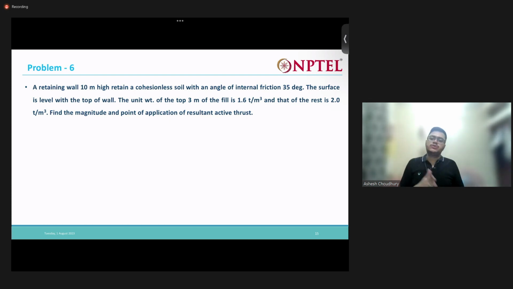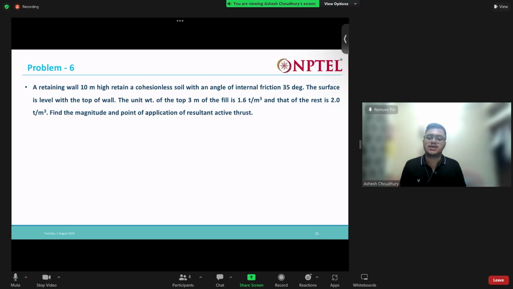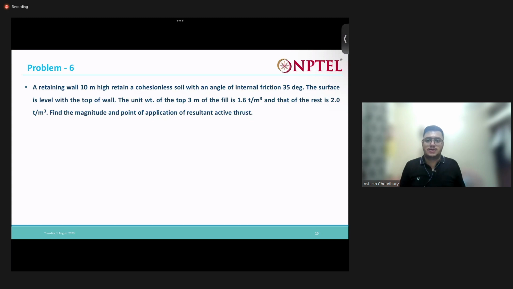So for that, we apply a filter material of some geosynthetic, so that the water can easily drain out, because this water pressure is very huge, and there are several cases where retaining walls have failed due to this extra active thrust, the lateral thrust due to water, right?